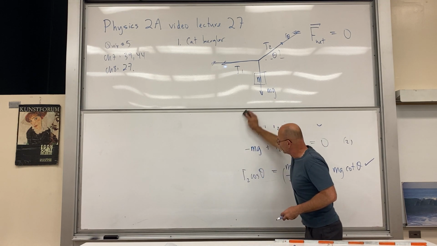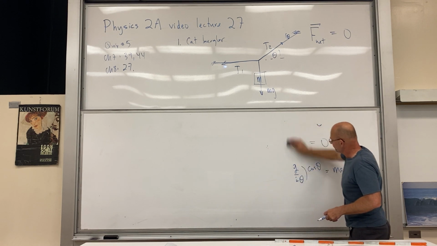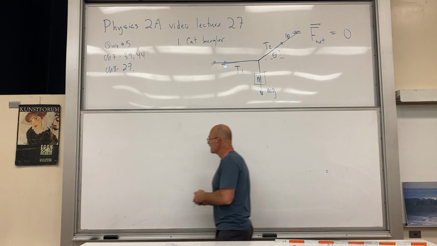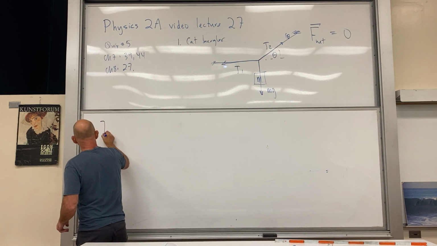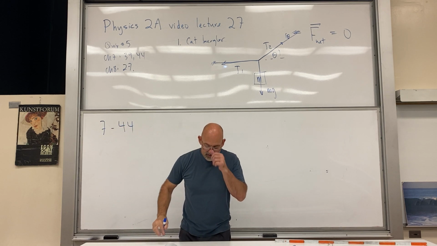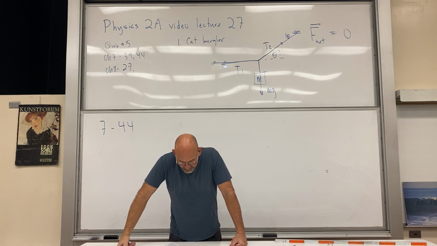Chapter 7, number 44. That's about an orbiting satellite. What do we have here? We have a 600 kilogram satellite, circular orbit about Earth, at a height above Earth equal to Earth's mean radius.